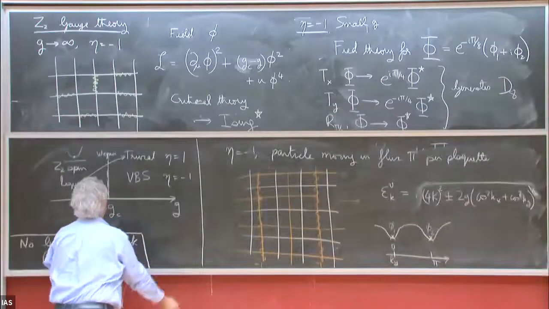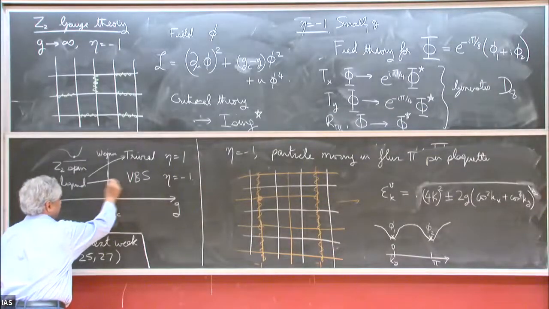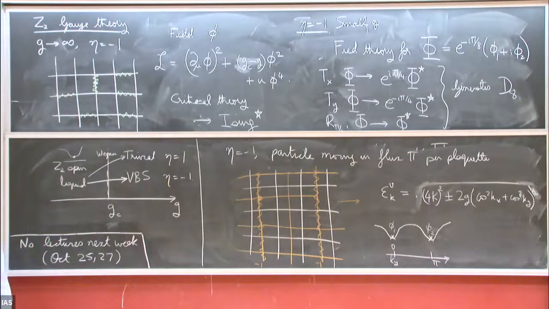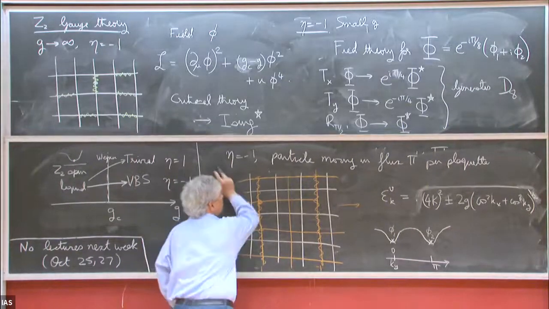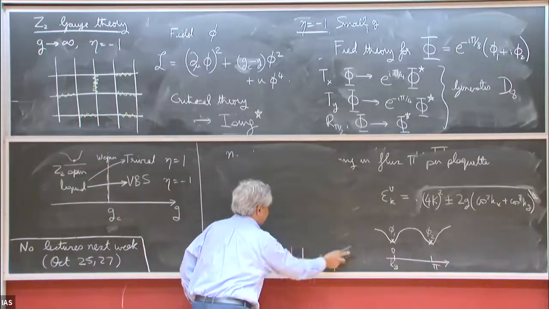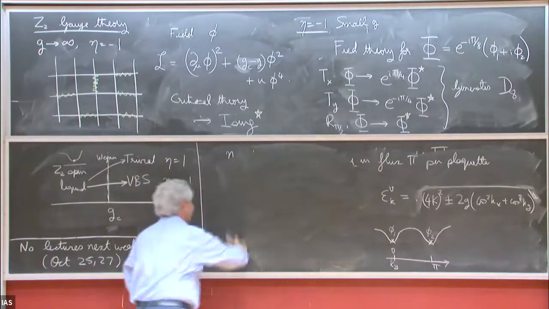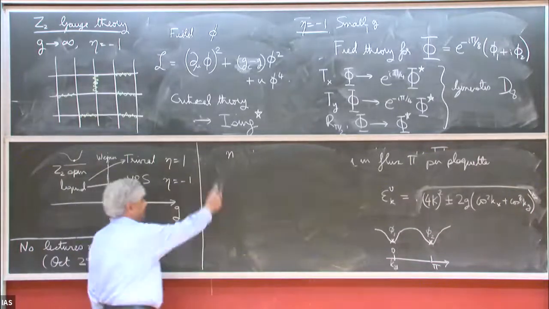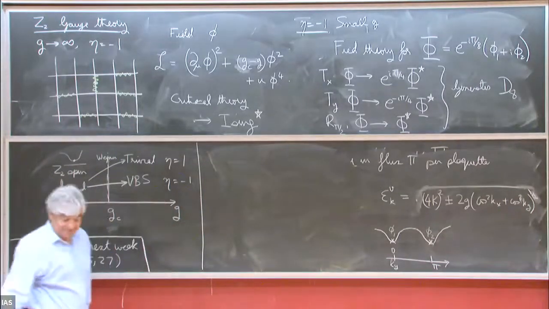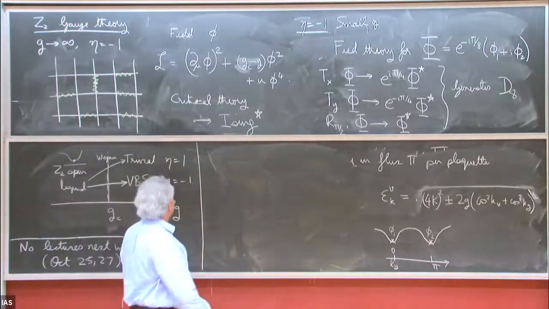So now we are addressing what's the field theory for this? All right, I'm spending too much time on this, but I spent a lot of fun years working on these kinds of things. So what's the field theory?